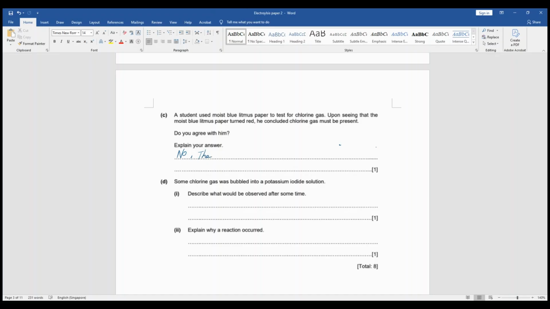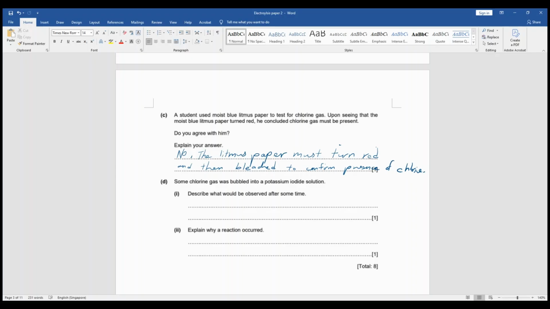The litmus paper must turn red and then bleach to confirm the presence of chlorine.